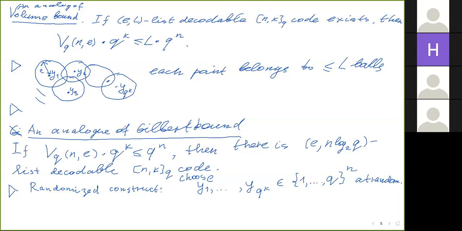So if we require this inequality to hold in a stronger form, say 100, for example, then a randomly chosen set of code words will provide a list-decodable code with probability 99%. So list-decodable codes may be constructed using a randomized procedure, assuming that the parameters satisfy a stronger inequality as in Gilbert-Varshamov.